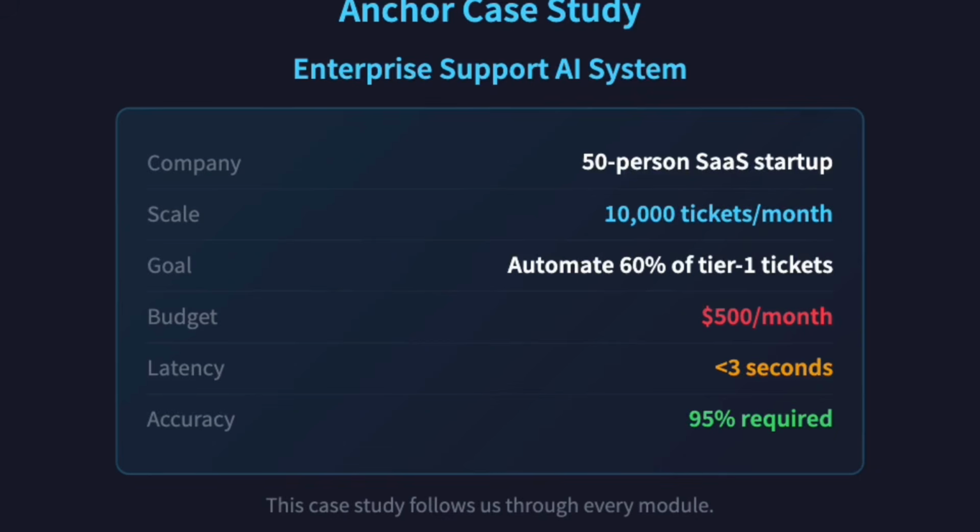Now think about that number. 5% wrong means 500 wrong responses a month at full automation, 500 customers getting bad answers. Is that acceptable? Maybe or maybe not. That's a decision you have to make right now.